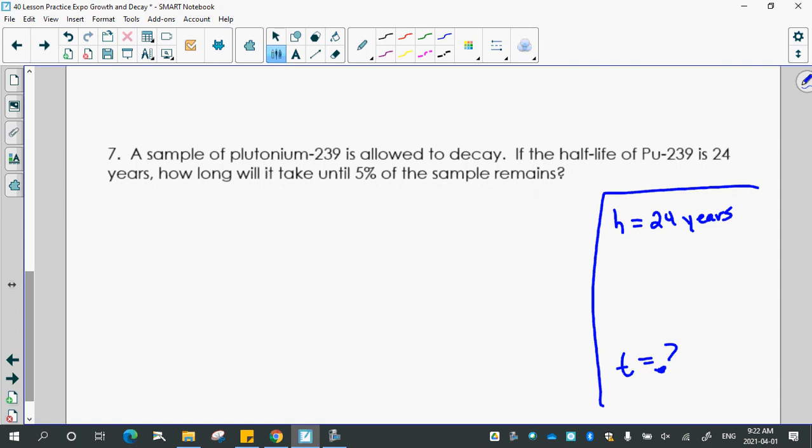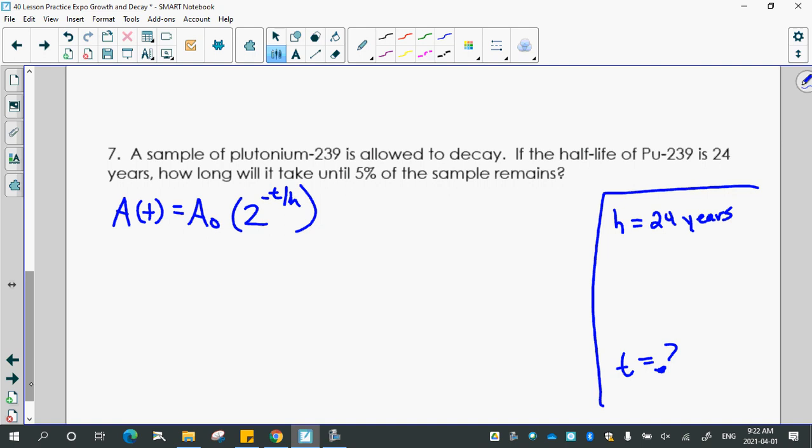Any ideas how we could do this? This is the formula. Knowing that the original amount decays to 5%, so there's only 5% left, how does that help us? Yep. Because it means A at 0 would be 100%.